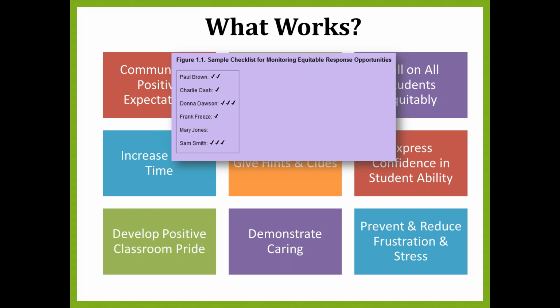We want to know, are we targeting all of the students in the classroom? Looking at this checklist, we can see that we may need to target Mary Jones, Charlie Cash, and Frank Fries a little bit more. We have some documents attached on the side in the materials, so you can see there's a document you can reference to get more examples of how to use these monitoring checklists.